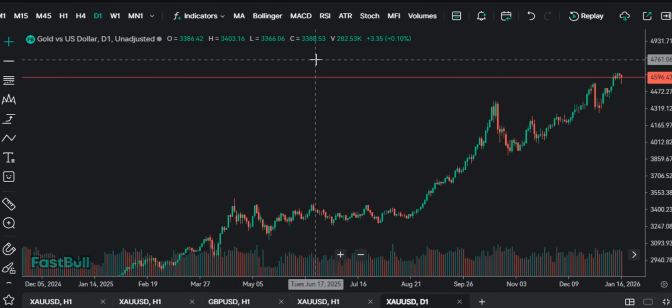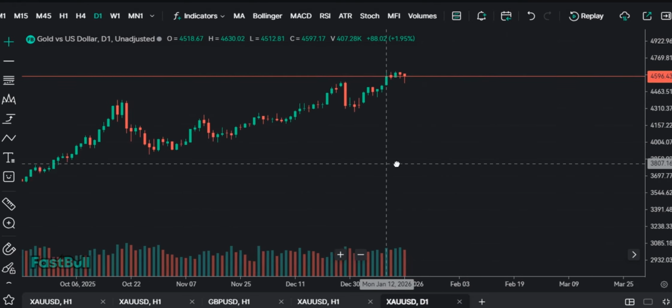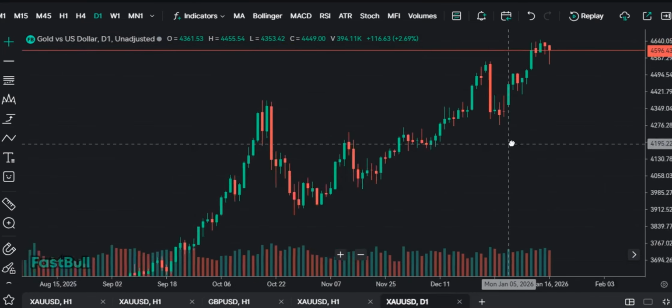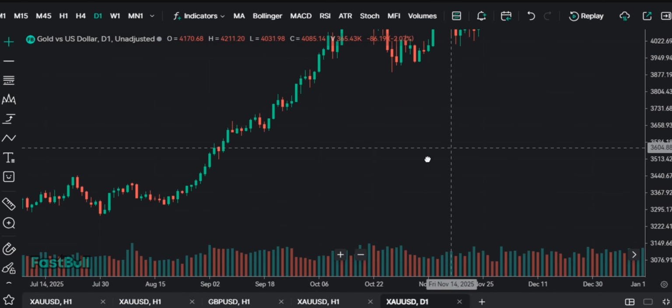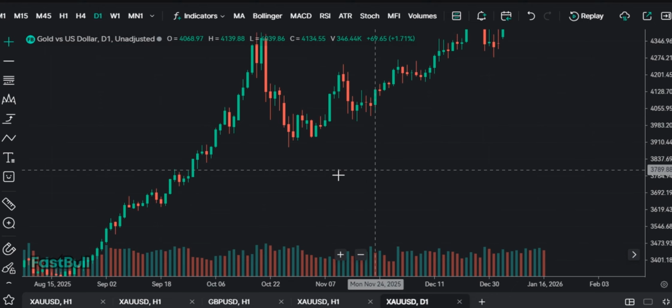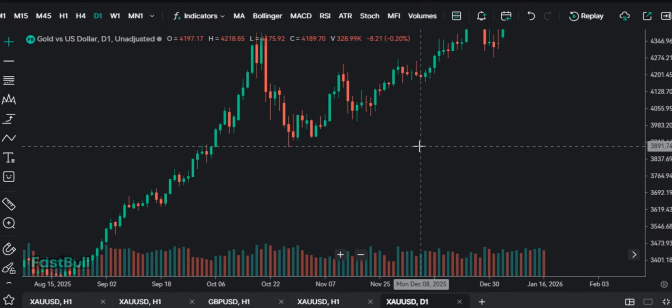Make sure you understand the market bias. If you get the market bias, you are able to understand how the market is positioning itself, how the price is positioning itself. Very important, guys. So make sure you understand the top-down analysis structure.